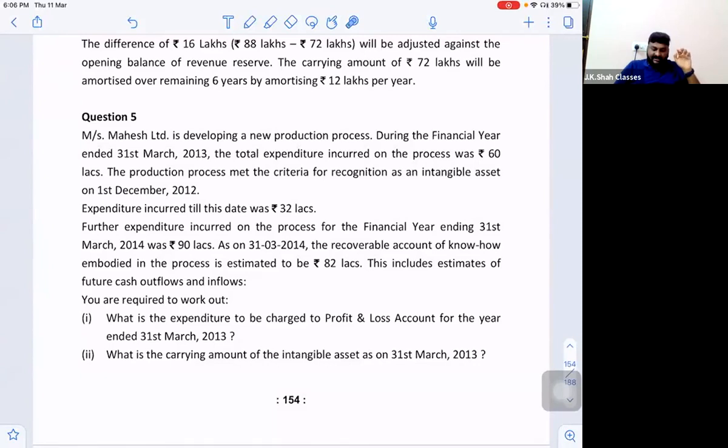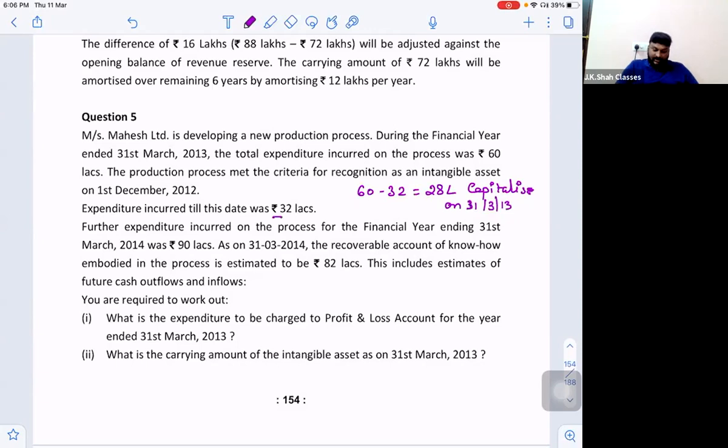And the question says that till this date, we incurred 32. So technically, after this date, we have incurred how much? 28 lakh. Because totally 60 lakhs, right? So 60 minus 32, 28 lakh capitalize on 31st March 2013.